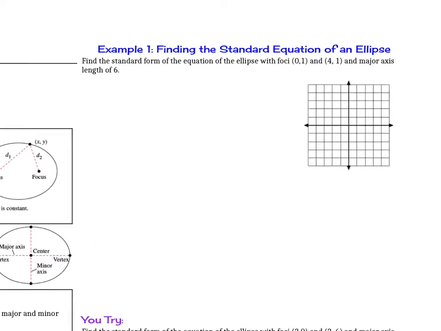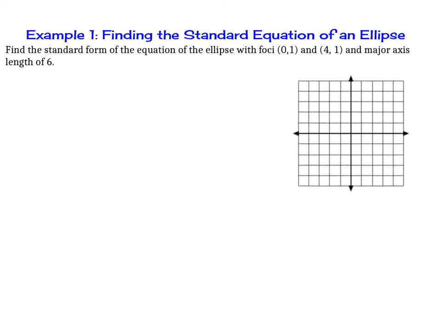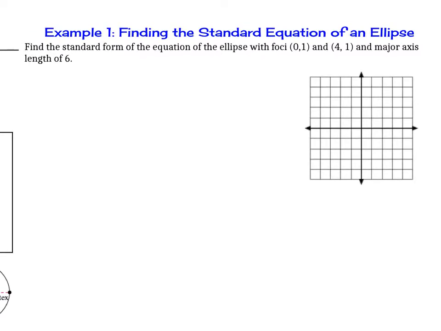So let's try it. We're going to find the standard form of the equation of the ellipse with foci (0, 1) and (4, 1), and major axis length of 6. So let's start with graphing these pieces. So we know (0, 1) is one focus, and (4, 1) is the other focus. What we can find really quickly after graphing it is the center.